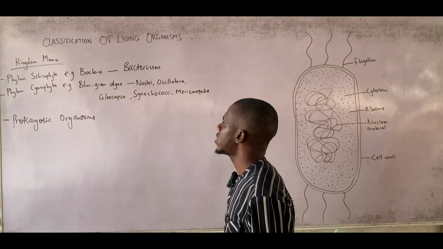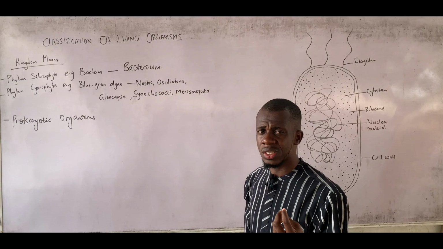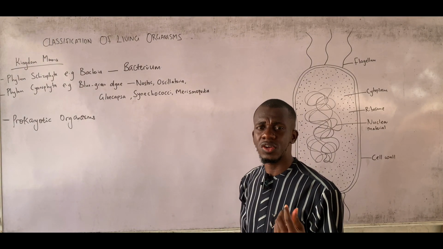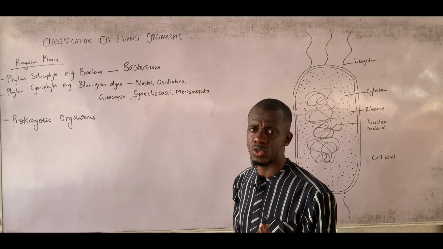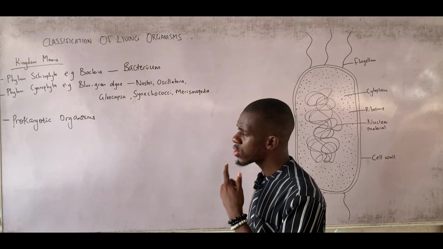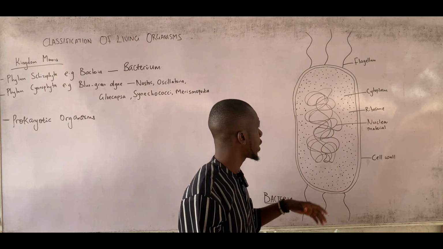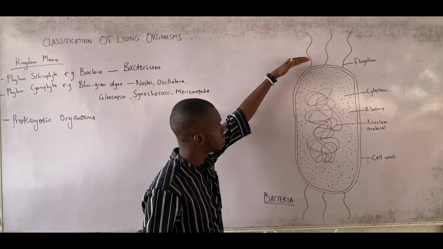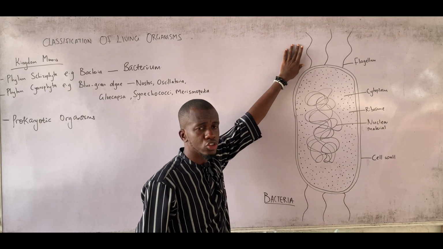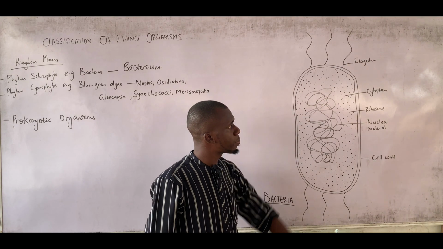Excellent. Now, the bacteria is a small organism, but it can be seen under the high power of a light microscope. Most bacteria possess, as you can see here, a flagellum, which is for locomotion. This is the locomotive structure of the bacteria or bacterium. They possess a cytoplasm.